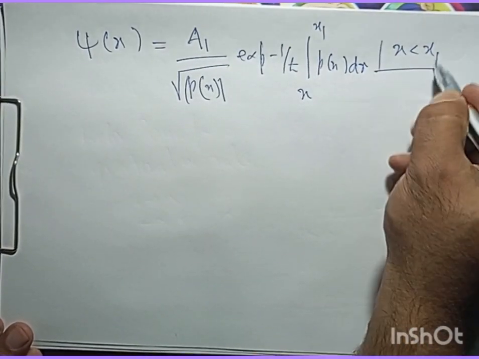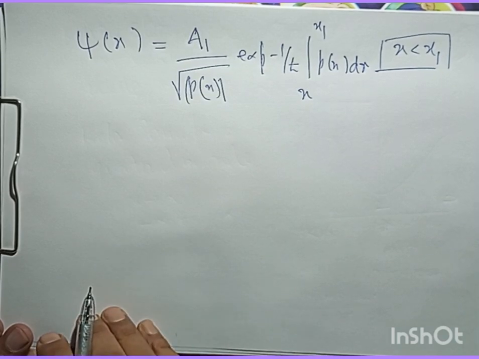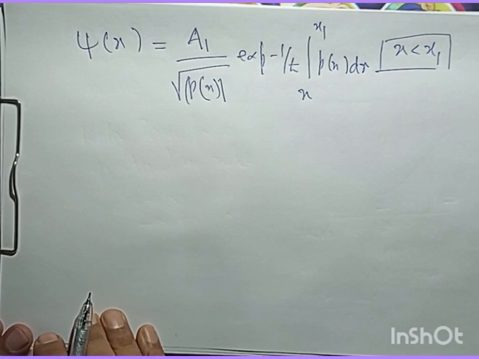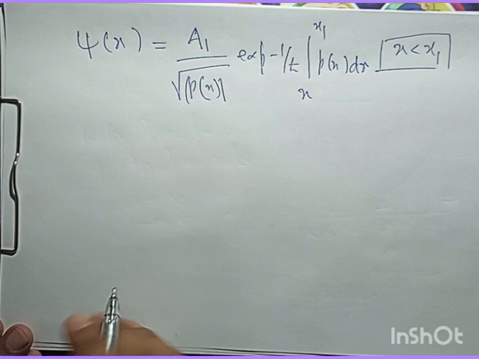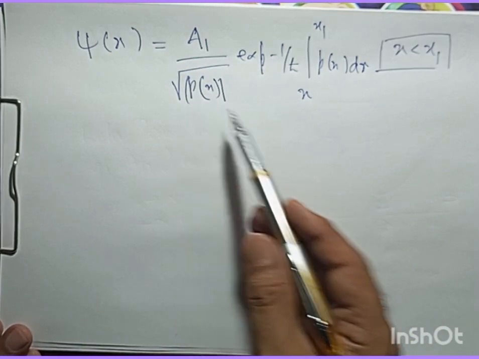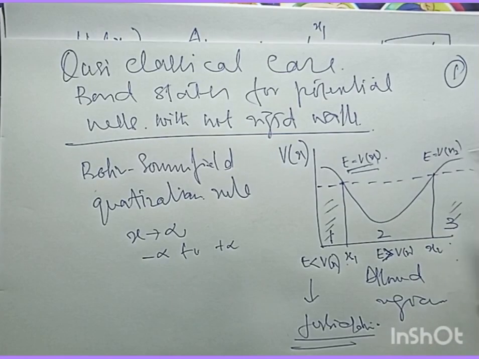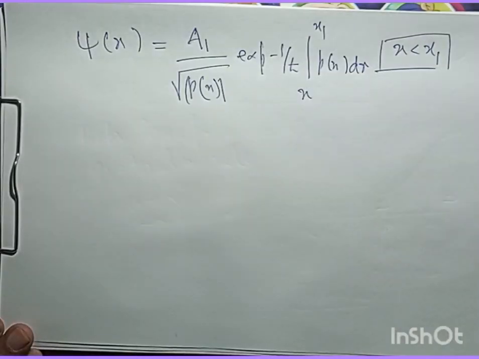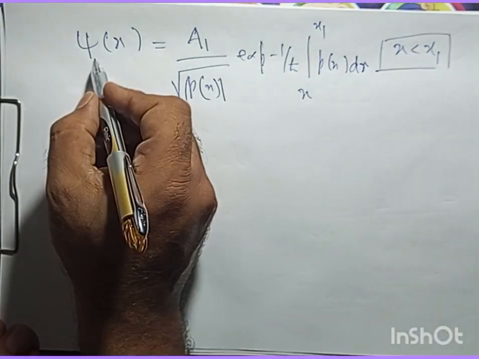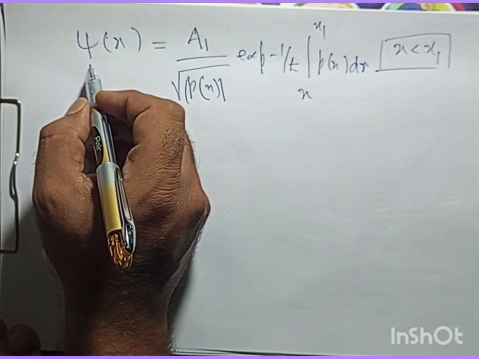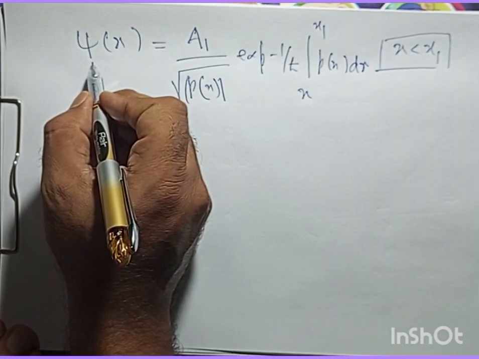So for the region x less than x1, the wave function is going to decrease exponentially beyond these turning points x1 and x2, and it would be right to talk about it here.